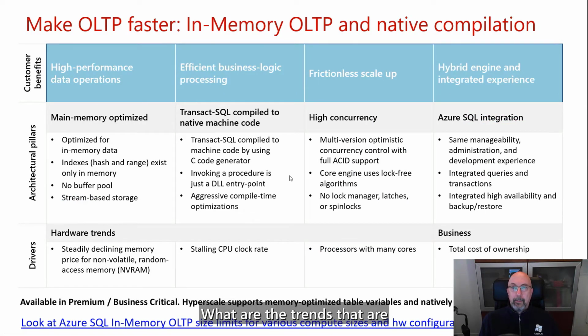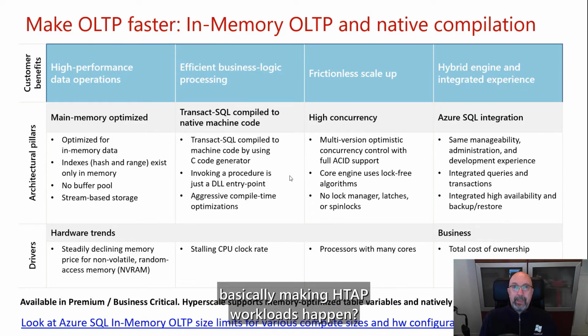So what are the trends that are making HTAP workloads happen? We start typically from the fact that our systems are getting more and more memory available, NVRAM and other memory enhancements are getting more accessible from a price perspective, right? So we have systems that have a lot more memory available.